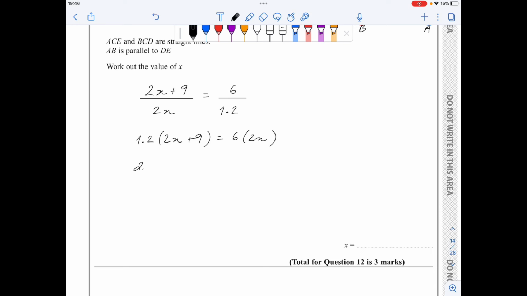Expand, 2.4x plus 10.8 equals 12x, so 10.8 equals 9.6x, which means x is 10.8 over 9.6. Now this gives me an x value of 9 over 8. The mark scheme accepts the following decimals: 1.125, 1.12, or 1.13.